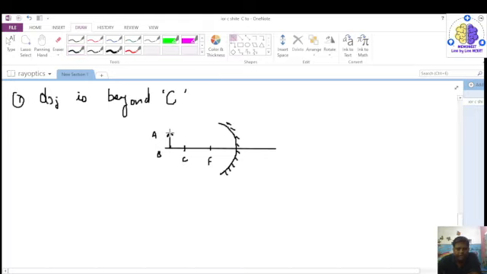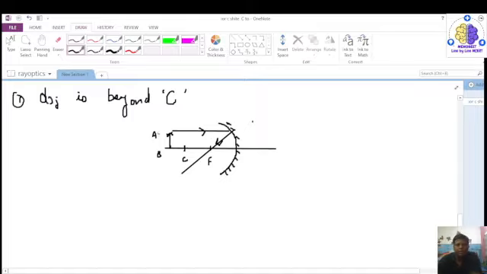The first light ray travels parallel to the principal axis, right? And then it gets reflected to the focus. So this is your incident ray and this is your reflected ray.